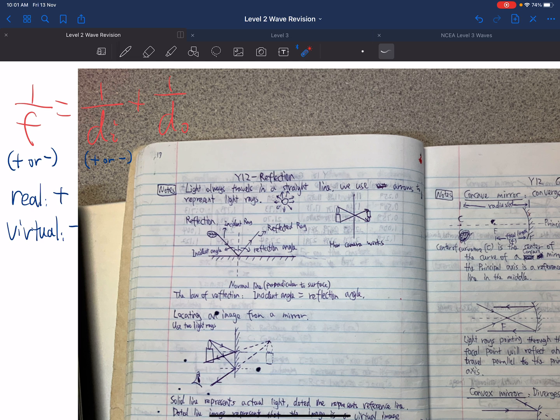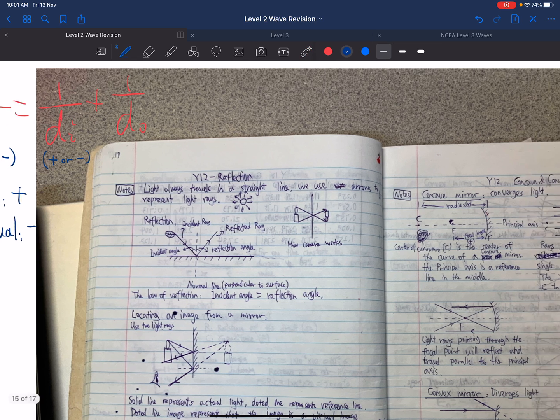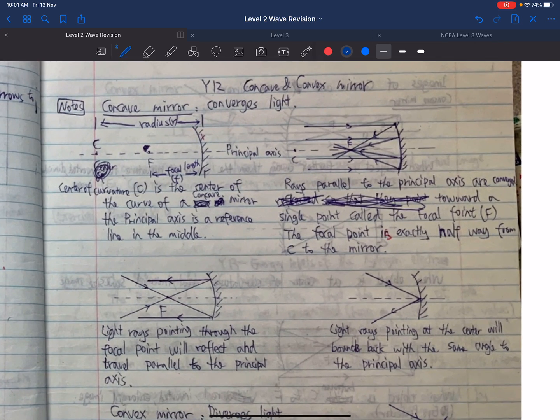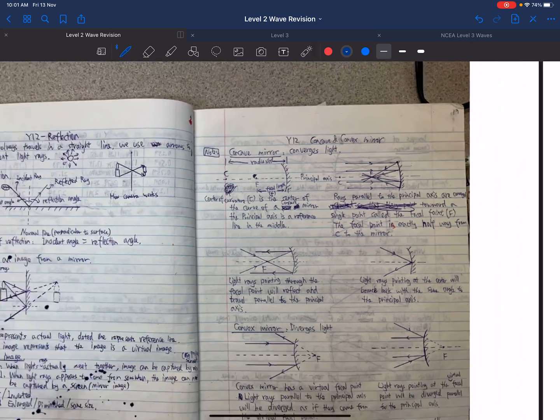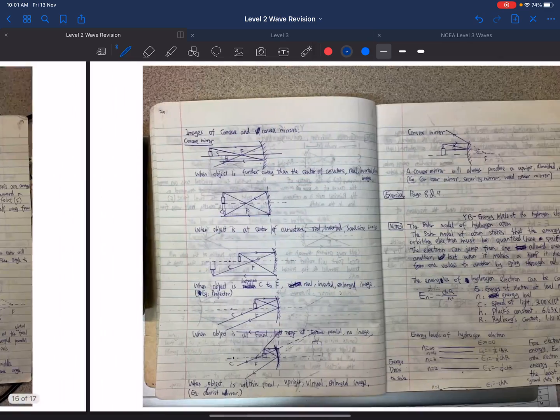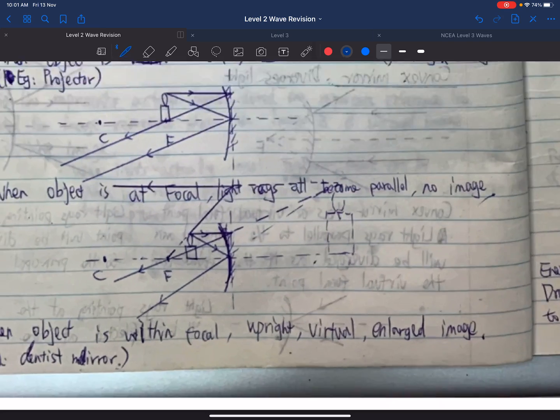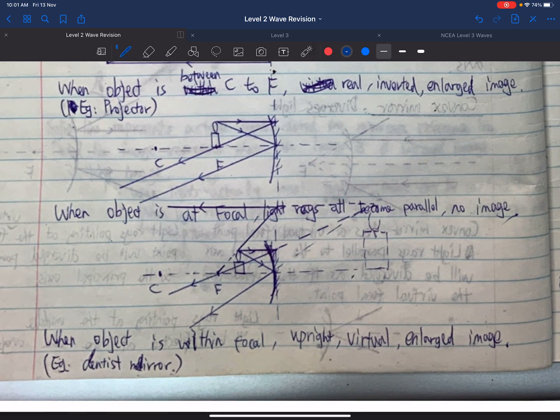Okay, and then what about f? Is f going to be positive or negative? Then you have to think, what kind of mirror is a dentist mirror? A dentist mirror is going to be a concave mirror. In fact, I think I have it over here. The dentist mirror is going to be this situation.